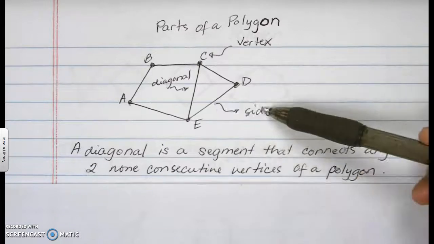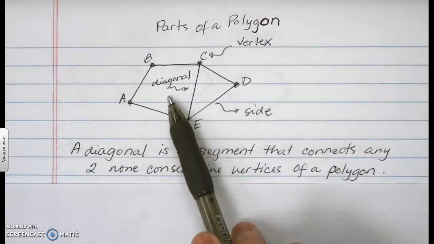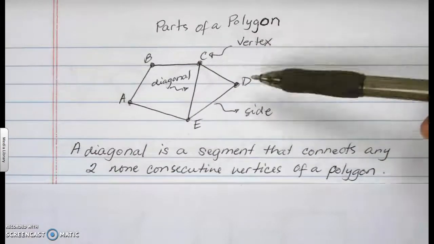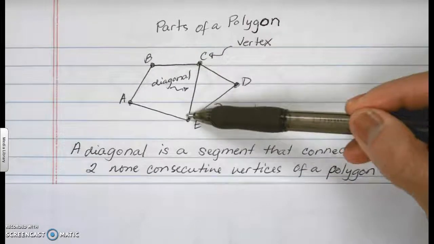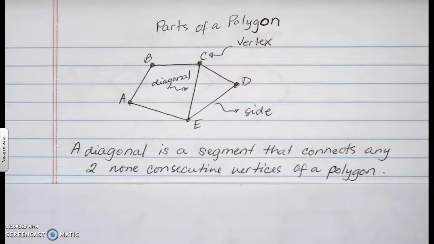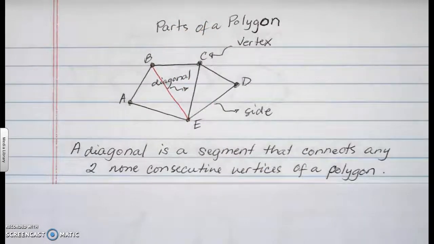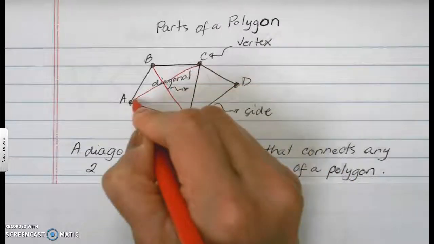This is a side, it's a segment, they are segments, and the diagonal is a segment that connects any two non-consecutive vertices of your polygon. So this and this are non-consecutive, so that's a diagonal. Just for emphasis purposes, this is another diagonal. And again, just for emphasis purposes, this is another diagonal.